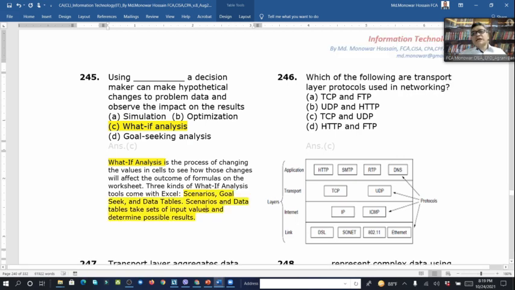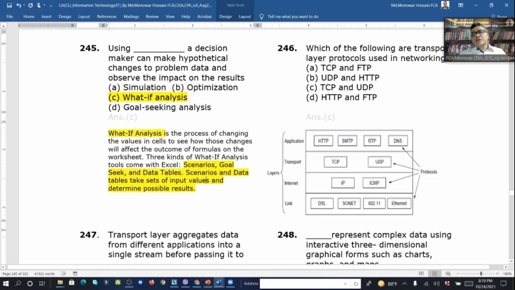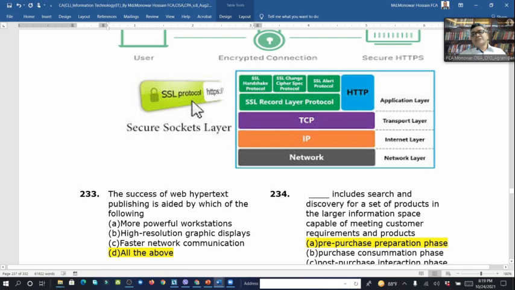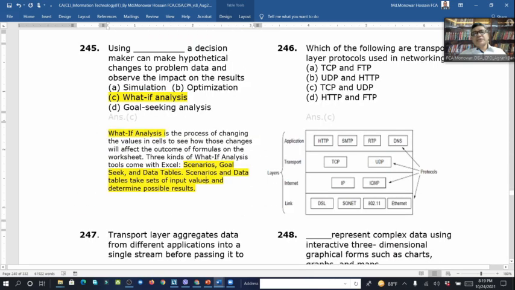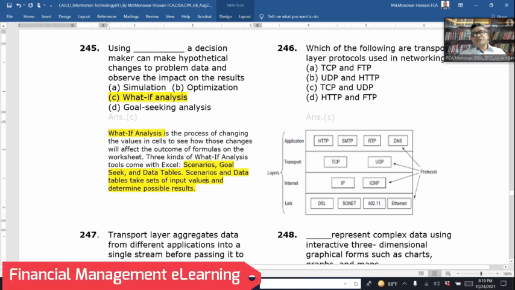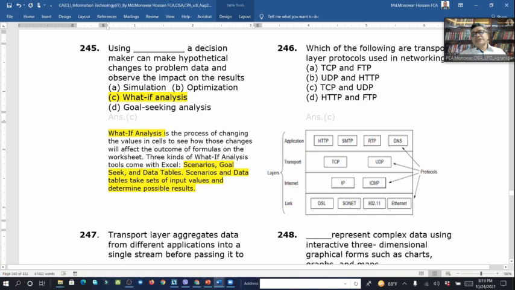Which of the following are transport layer protocols used in a network? We know in a network there are a lot of protocols. Look here. Here the layers are application layer, transport layer, internet layer, link layer. Application layer uses HTTP, SMTP, etc. Transport layer, TCP, UDP, etc. And internet layer, IP, ICMP, and link layer, etc. So all are protocols.